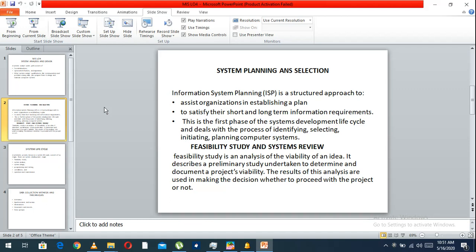This is used to make a decision whether to proceed or not with the project. If it is viable, you can proceed with the project, and if it is not, then you stop there, you don't go on.